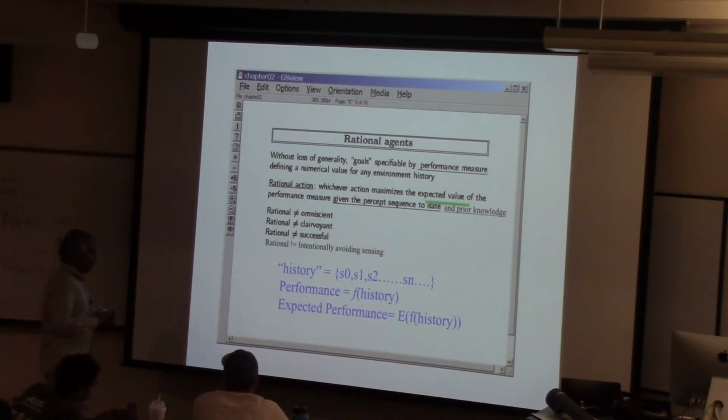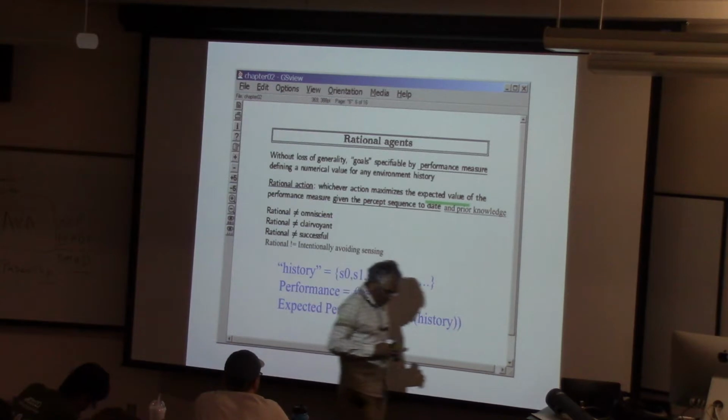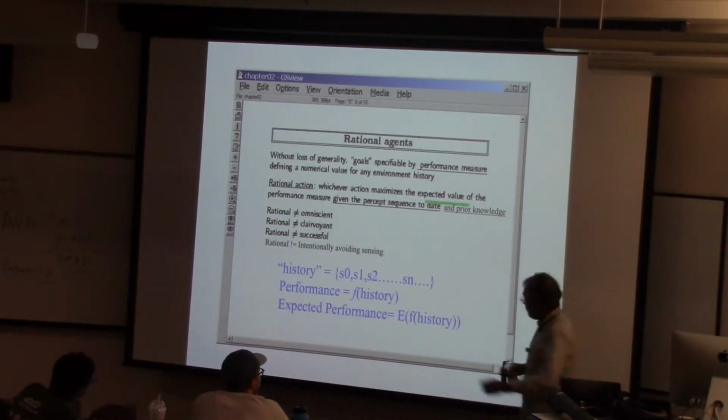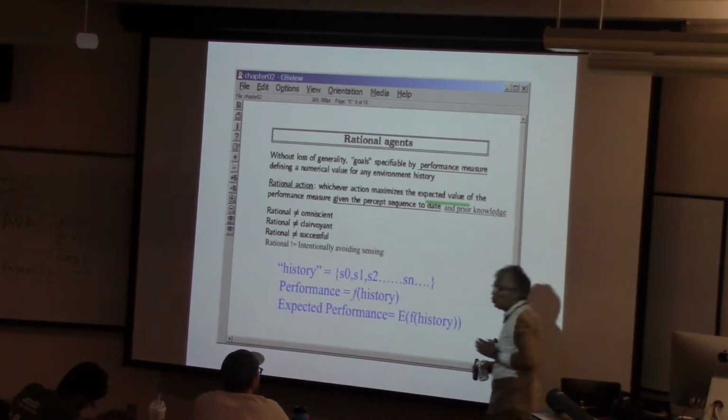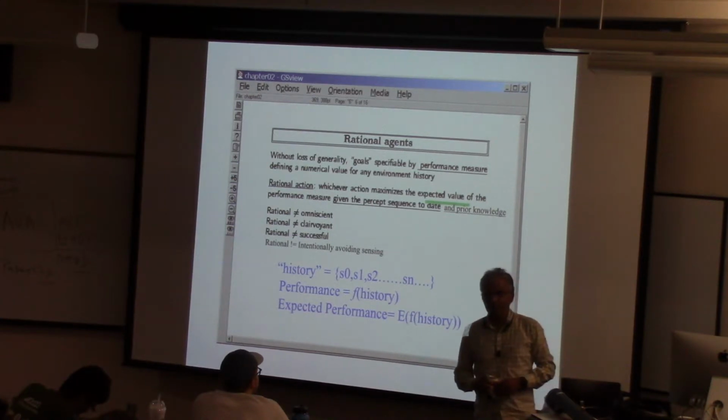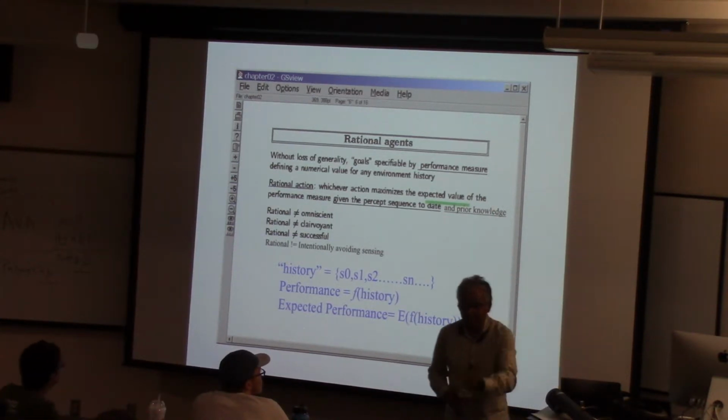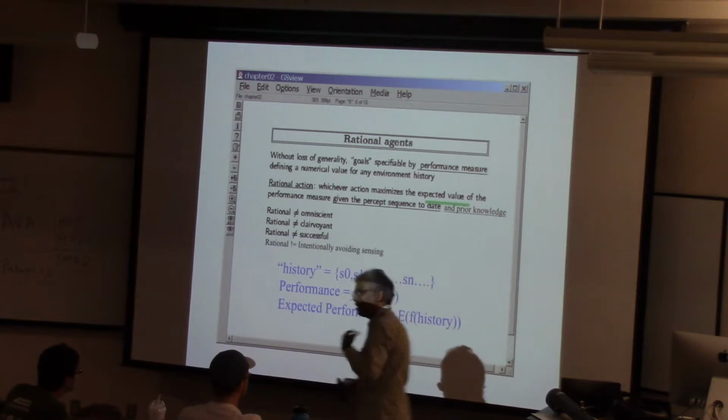Okay? Now, here is the other interesting question. The specific states that you go through are fixed. After your life is over, I know exactly the states you have gone through.